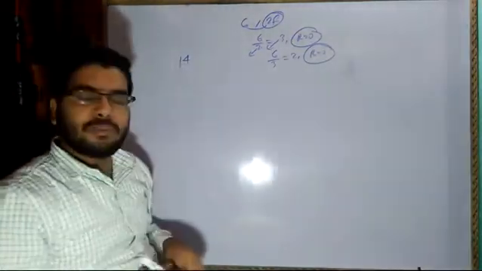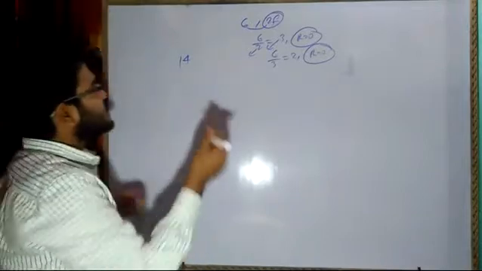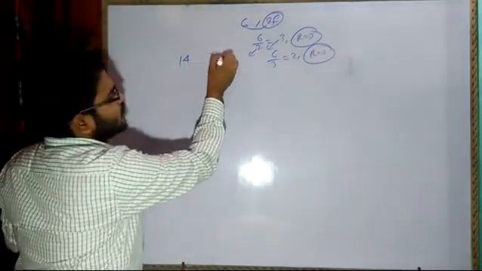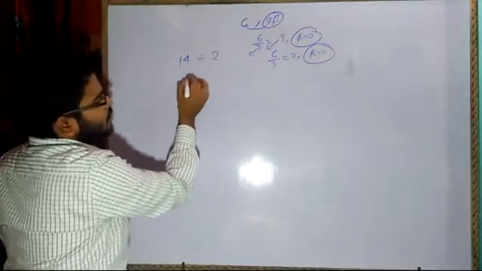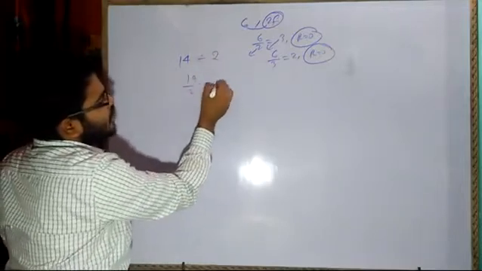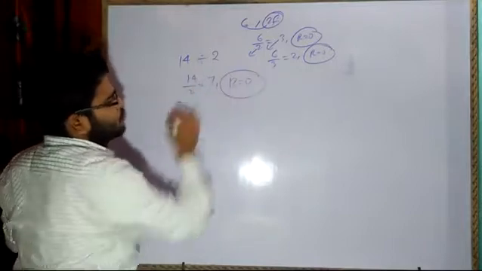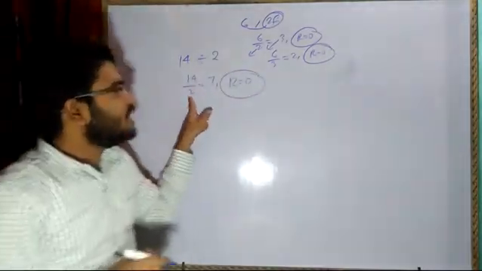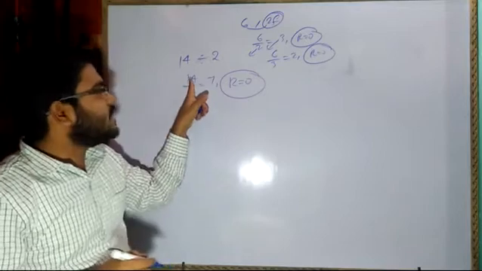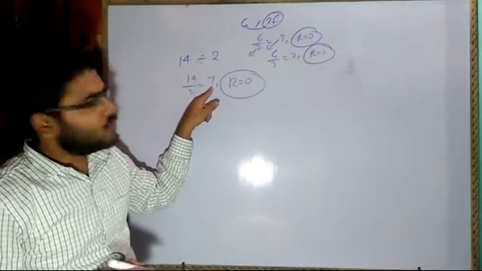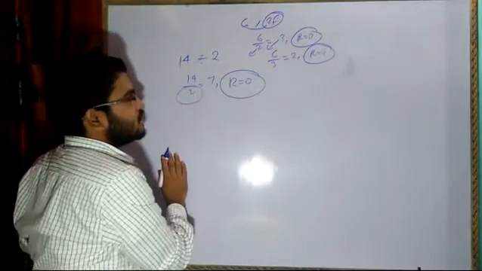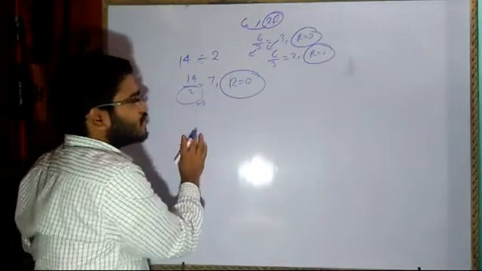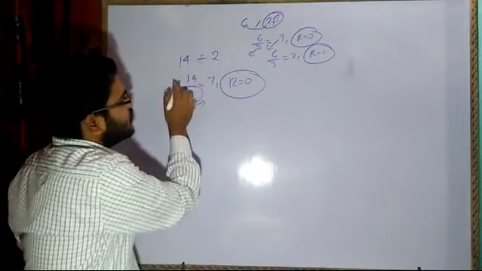Now here in divisibility it is the same thing. If I say 14 is divisible by 2, does 2 divide 14? That means 14 divided by 2 is 7, remainder equal to 0. When we say that 2 divides 14, leaving quotient 7 and remainder 0, 2 is called a factor, but we can also say that 14 is divisible by 2.